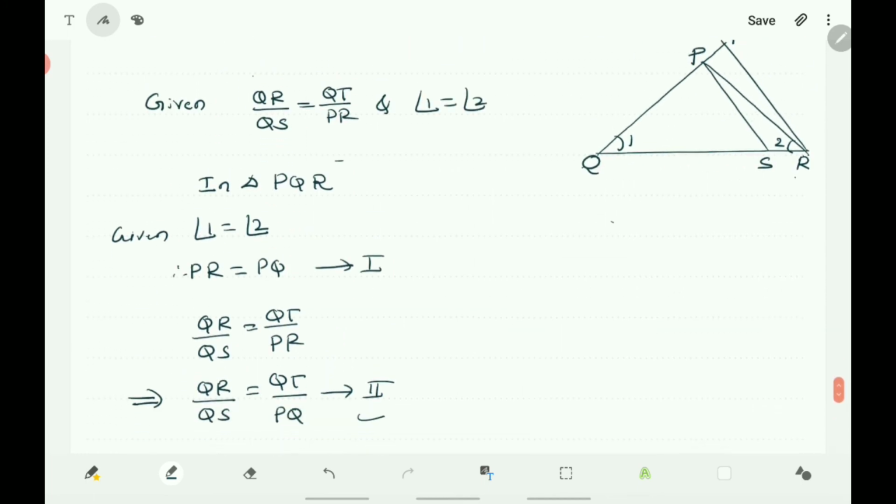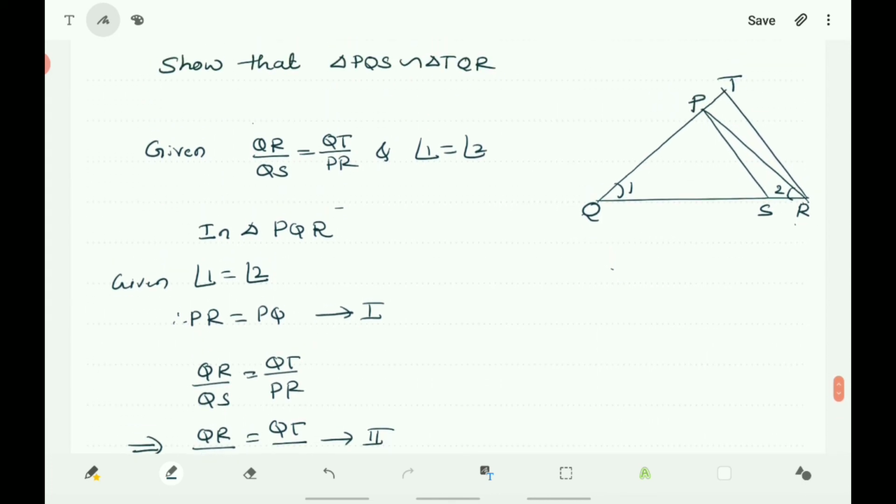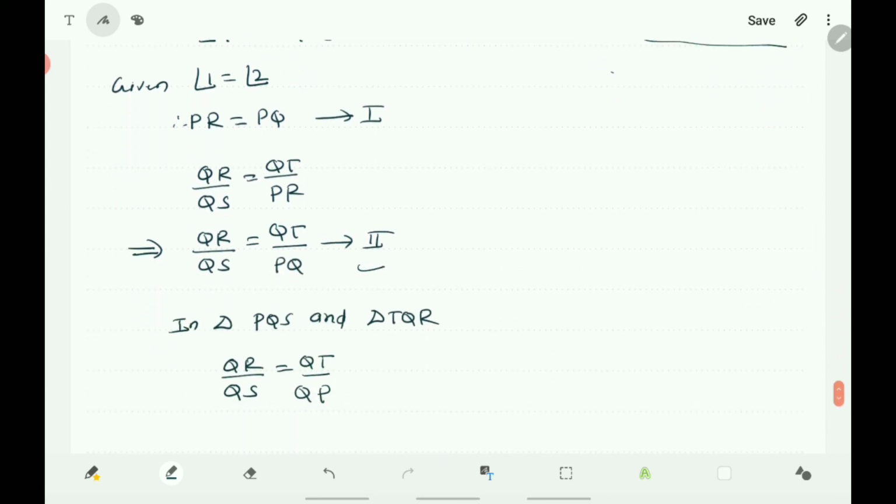That is, QR by QS is equal to QT by PQ. The ratio you got here.